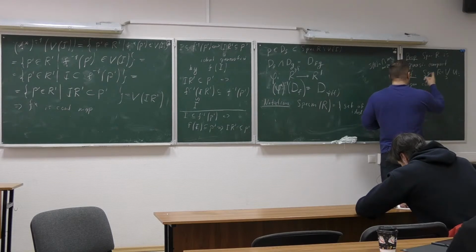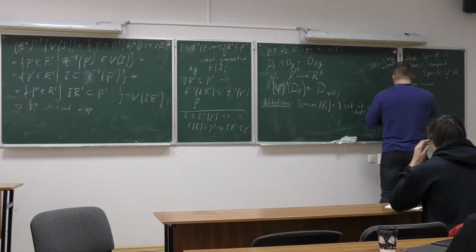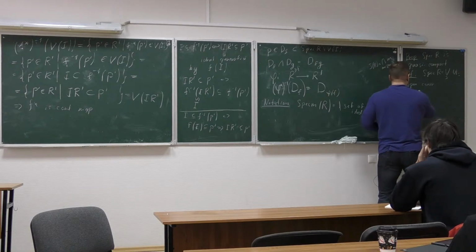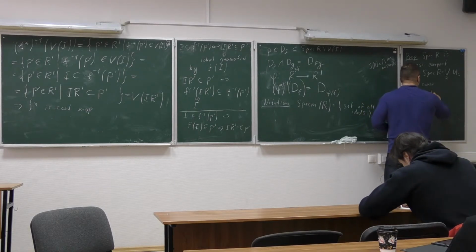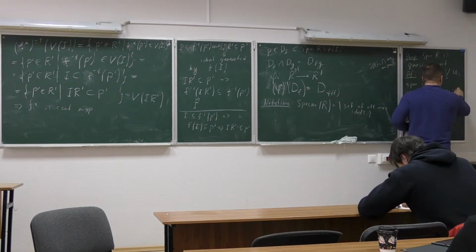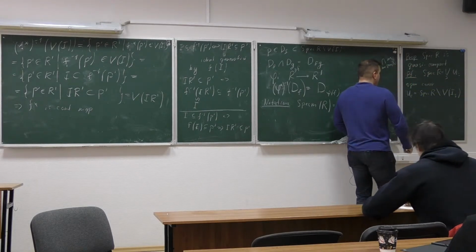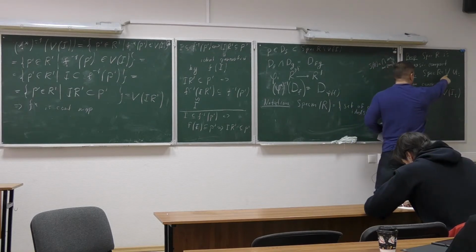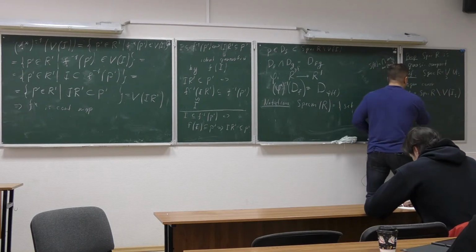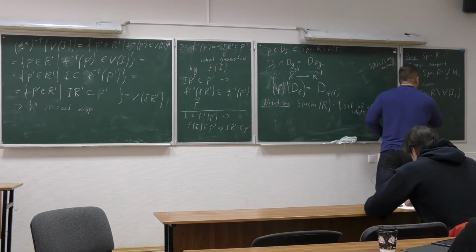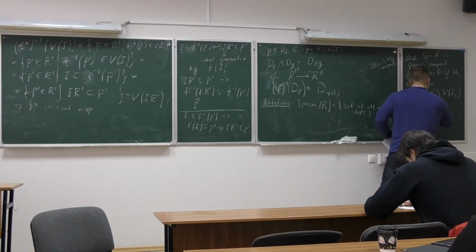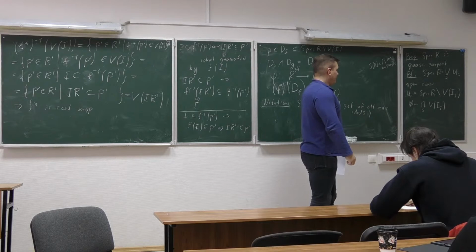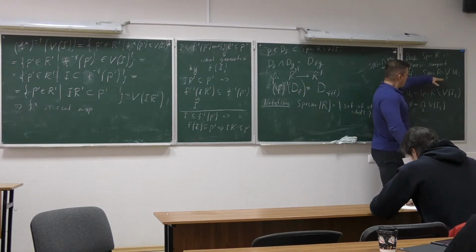So first of all, I want to go to the complements, and if spec of R is equal to the union of these open sets, I can say that any such open set is the complement in the spec of R to some V of some ideal I_s. Now, if the union of all these complements is the whole space, then the complement, the empty set, is the intersection of these V(I_s). Right, so just going to the complements and using the same condition.